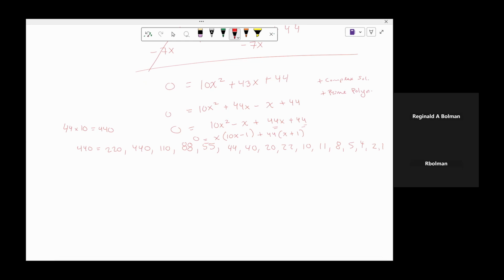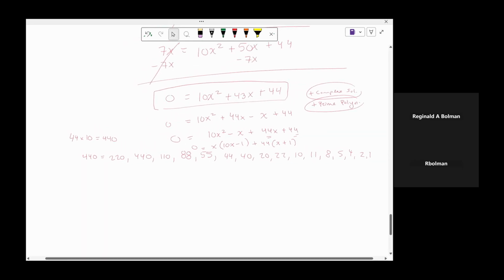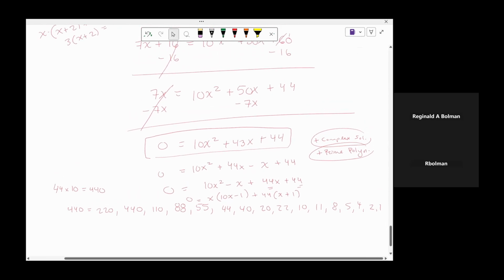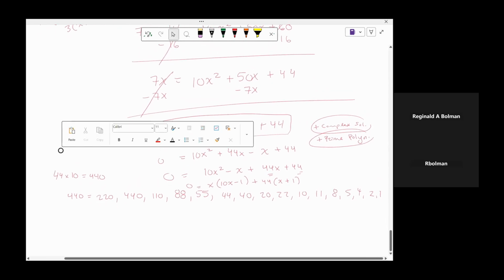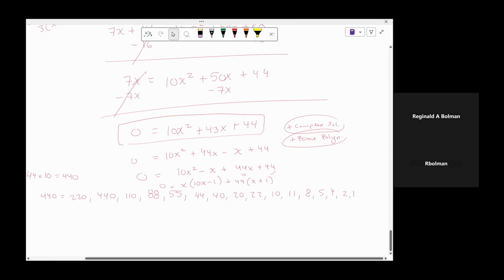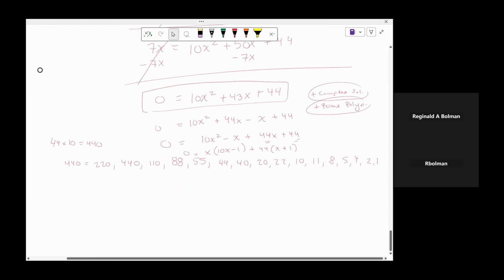And so in this instance, as good as we can do up till this moment in time is just say that 0 will equal 10x squared plus 43x plus 44, and then just list that it has complex solutions or it is in fact a prime polynomial, which would mean that while solutions do exist, the solutions are going to require us to use something like the quadratic equation in order to find out.